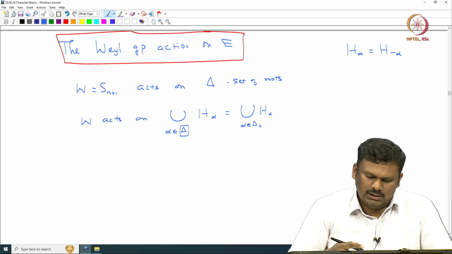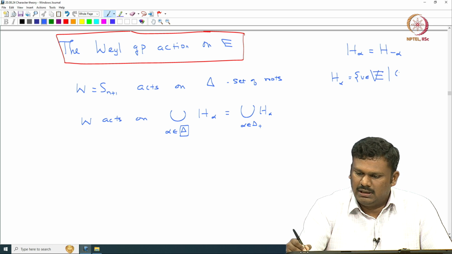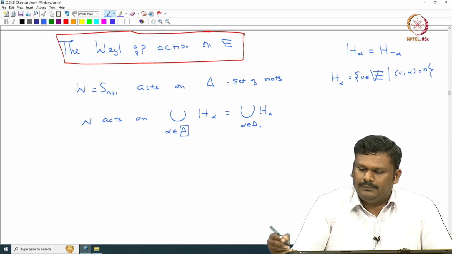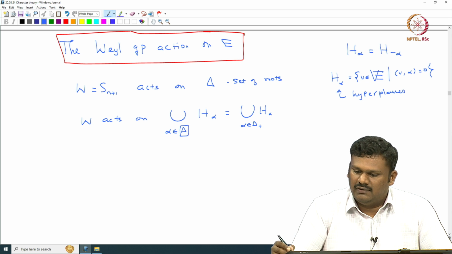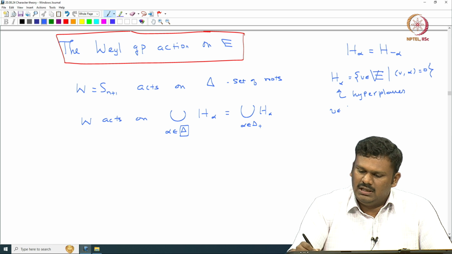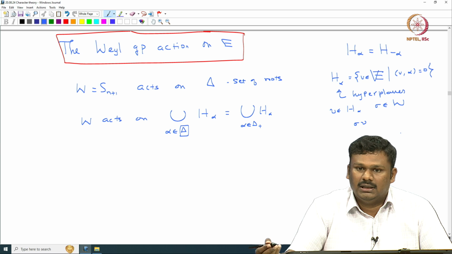So, now it is clear that W acts on this union of H_alpha. That just follows from the formula, because H_alpha by definition consists of those vectors v inside your Euclidean space such that (v, alpha) is 0. These are all the hyperplanes defined using alpha. Now, if I start with v in H_alpha and sigma in W, we want to say that sigma v will be in some other hyperplane.